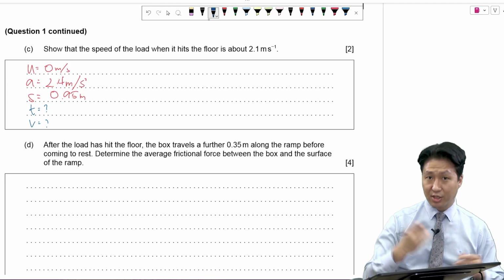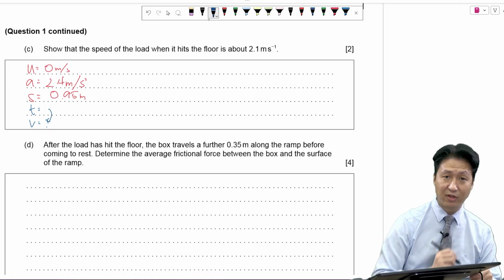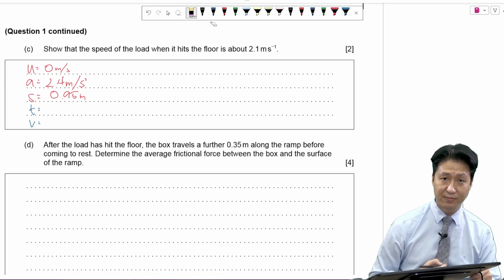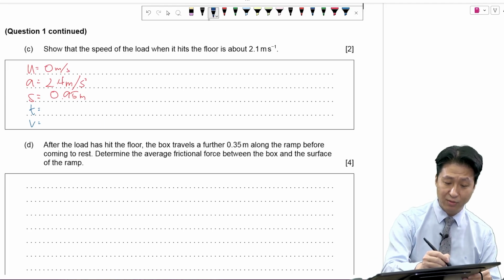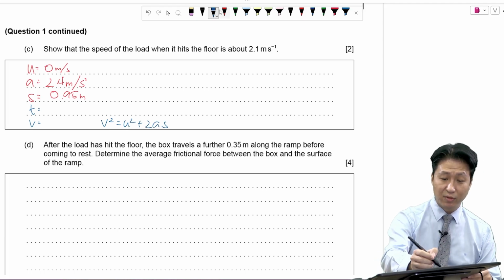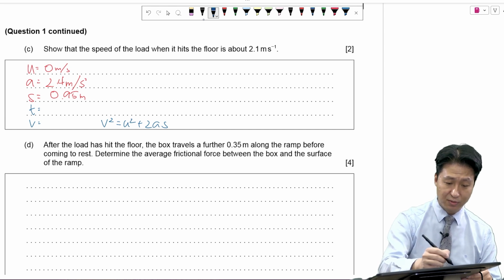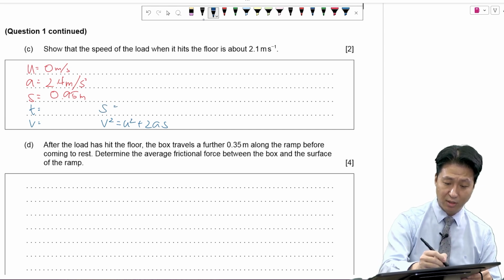Now, you could find the time it falls and then use that to get the final velocity, or you can get the final velocity directly. In order to get the final velocity directly, you would use the equation velocity squared equals initial velocity squared plus 2as. Or if you want to find the time first, you would use distance equals ut plus 1/2 at squared.